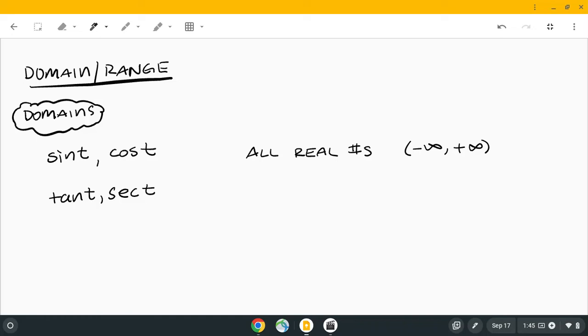Secant is 1 over cosine, right? And we don't want cosine to be 0. And that happens at pi over 2 and at 3 pi over 2, right? At 90 degrees and 270 degrees.